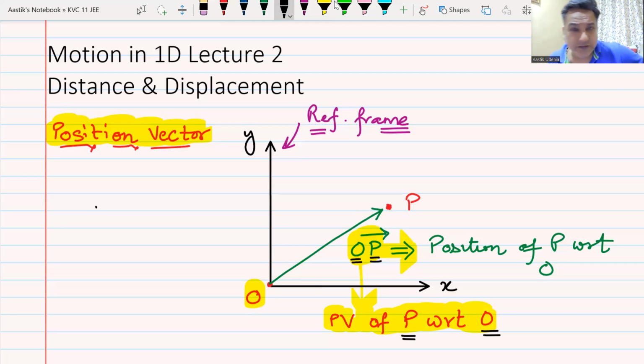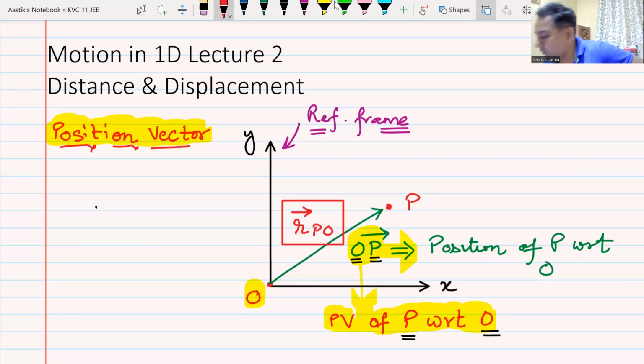So there is one more way of writing this. OP vector is the position vector of P with respect to O. It is a vector drawn from O to P. But instead of writing it like this, I can write it like this: R vector PO. And this is how I will normally write it.